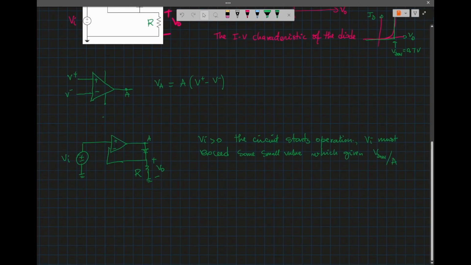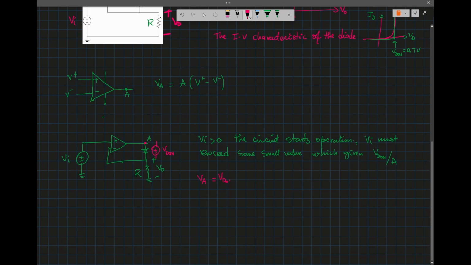So when the circuit starts operating, when VI is positive, what really happens is that the voltage at that point VA is equal to VD on. Right, we could replace the diode by that constant voltage VD on.